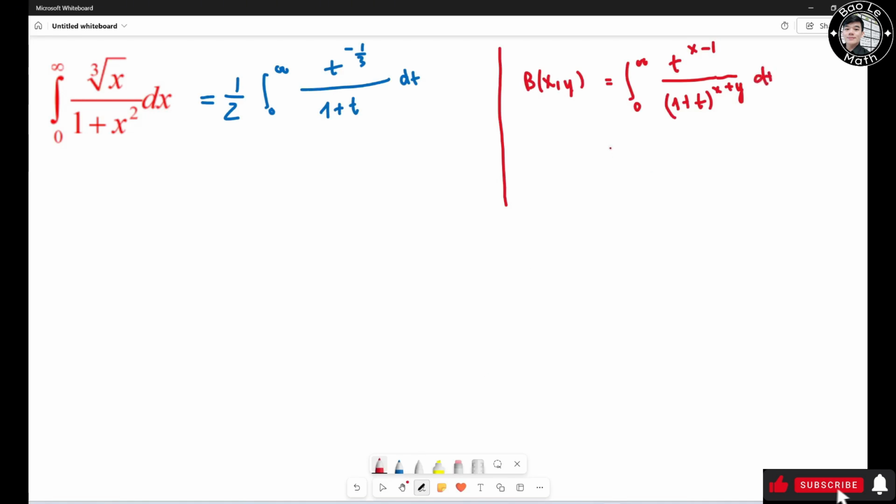It's going to be gamma of s gamma of y over gamma of s plus y, right?